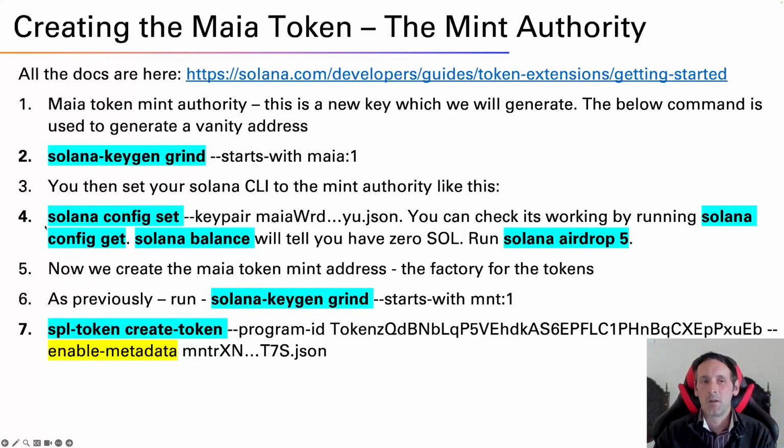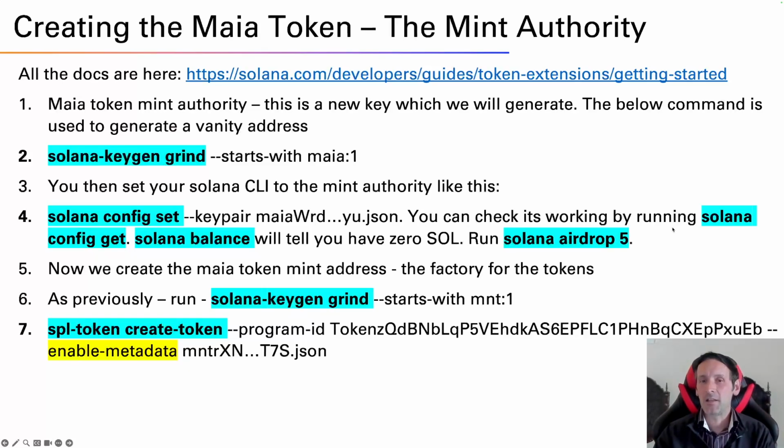You just say solana config set --keypair, and then in this case, obviously, the Maya key pair that you generated with the previous command, you're going to now use it here. So you're going to set it to this token authority key pair that you just generated.